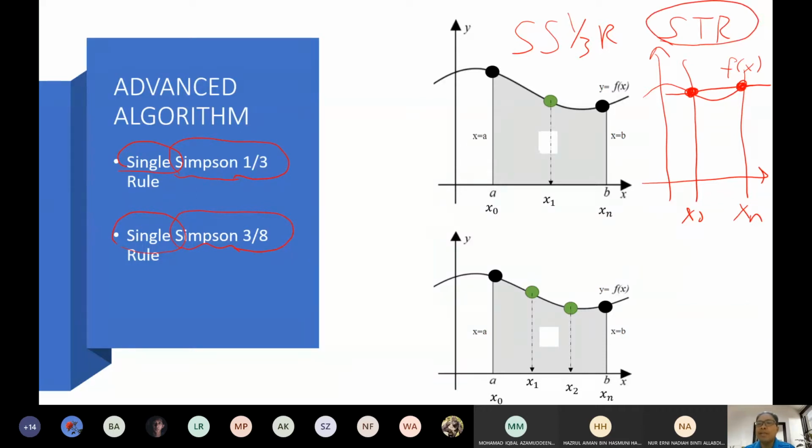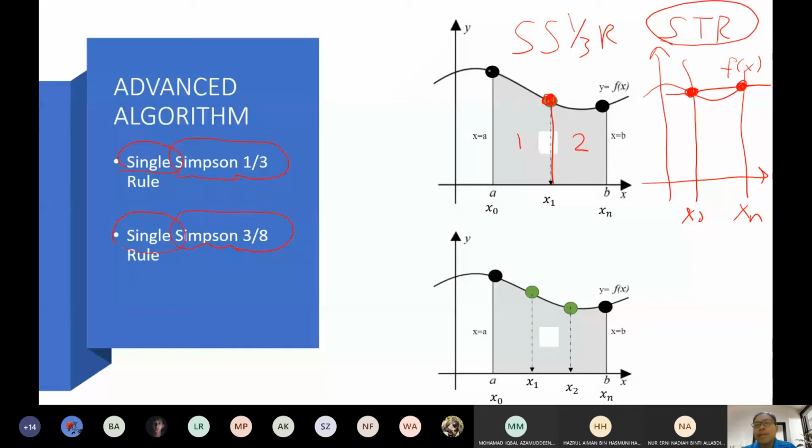But in single Simpson 1/3 rule, Simpson adds another point at the middle so that this point will divide the same area into 2 equal divisions.